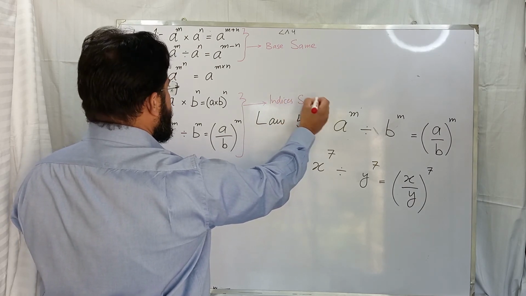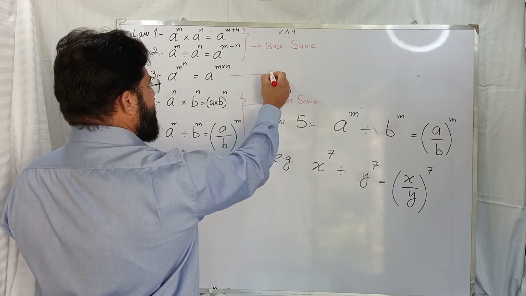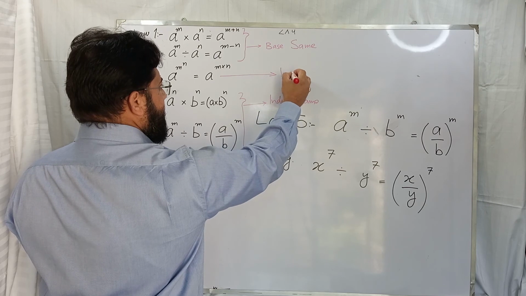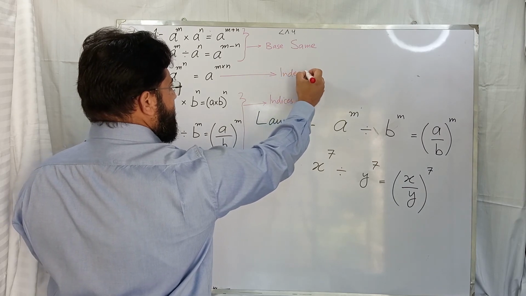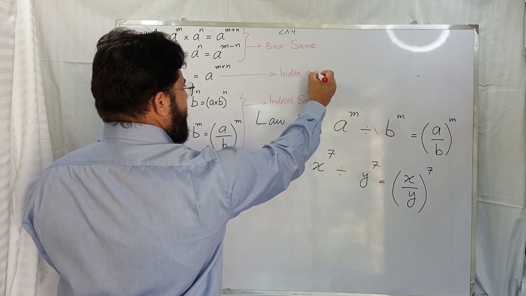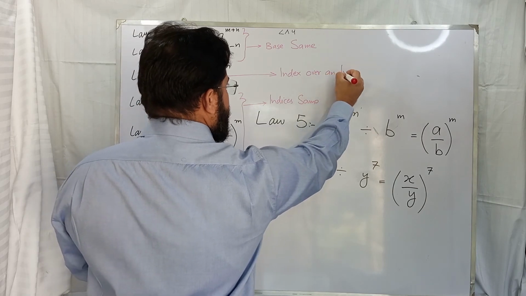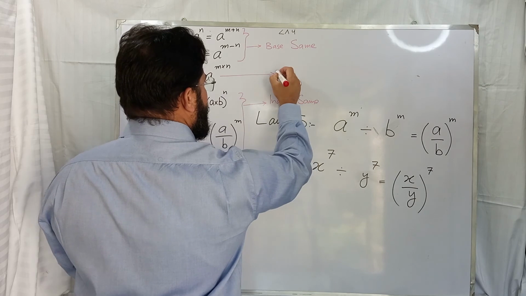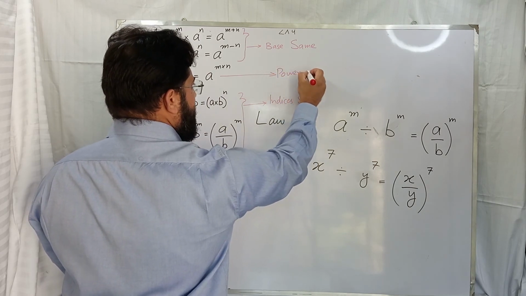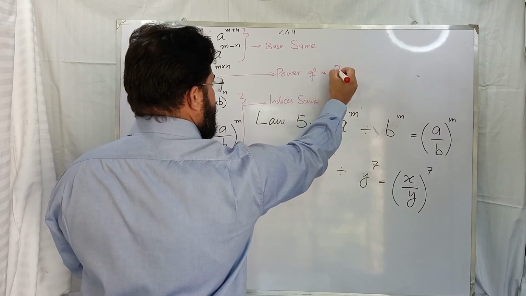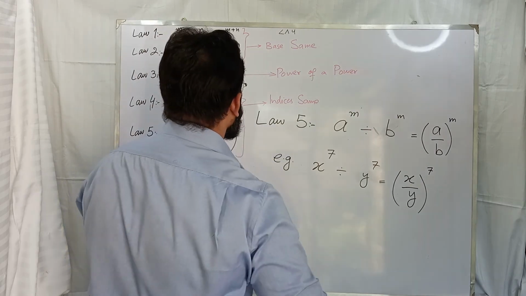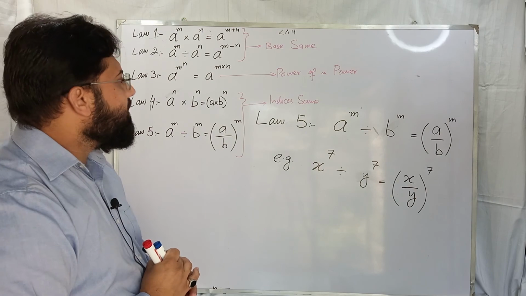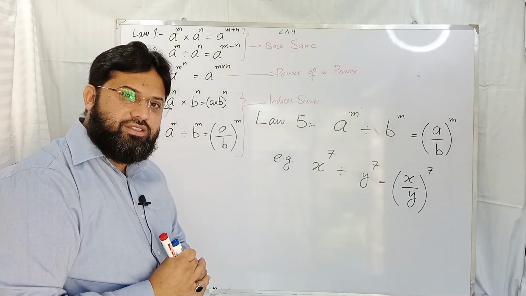And law number 3 deals with when there is an index over an index, a power of a power. So these were the 5 laws of indices.